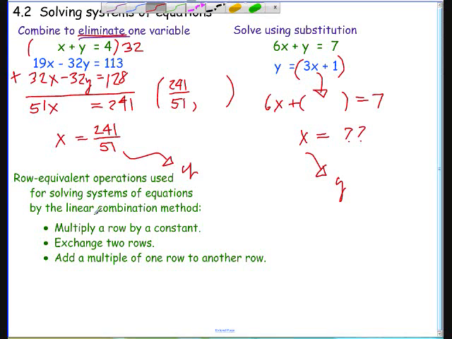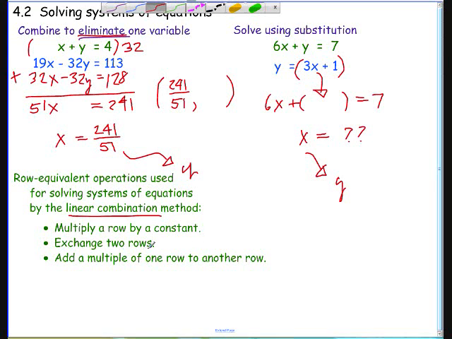Row equivalent operations that we can use when using the linear combination method. Maybe you're wondering, okay, what are the things I can do without changing the truth of the equation? Well, in linear combination, you can multiply any of the equations by a constant. Sometimes you have to multiply each equation by a different constant.